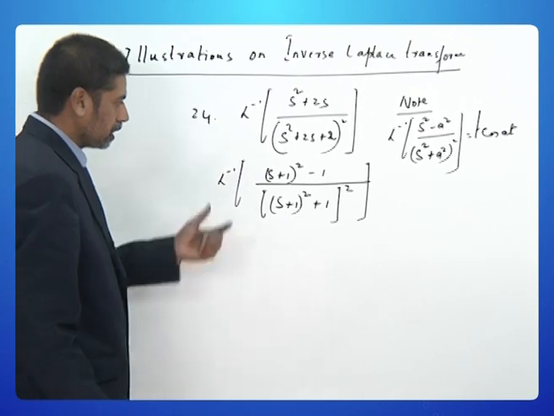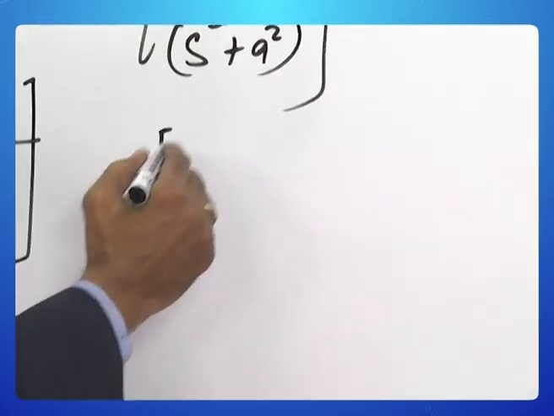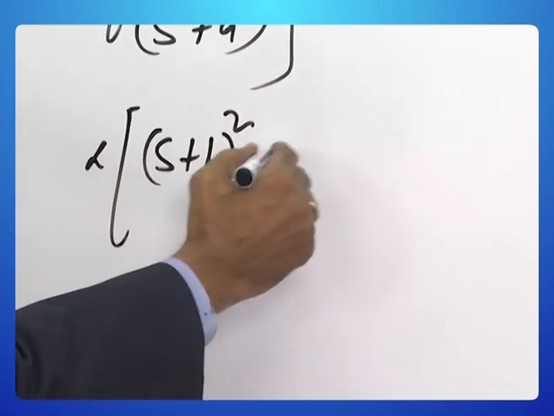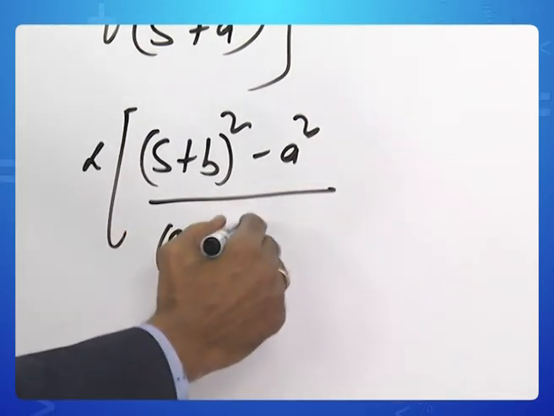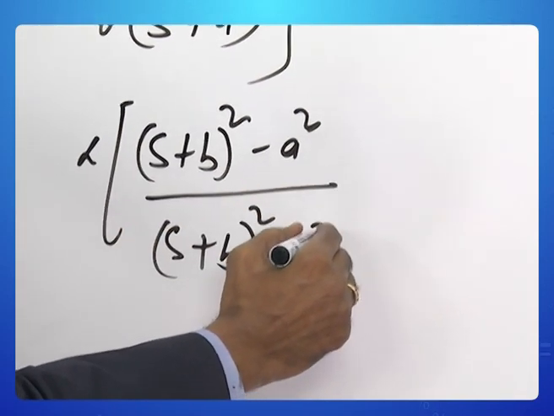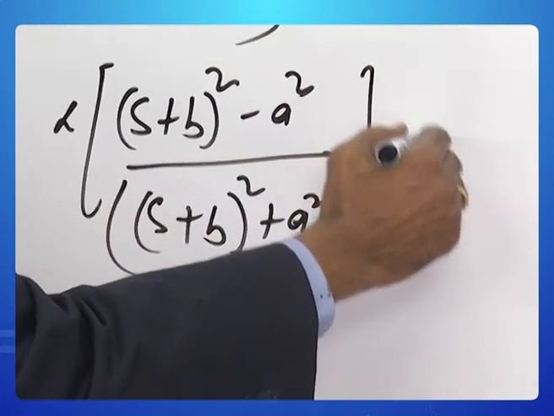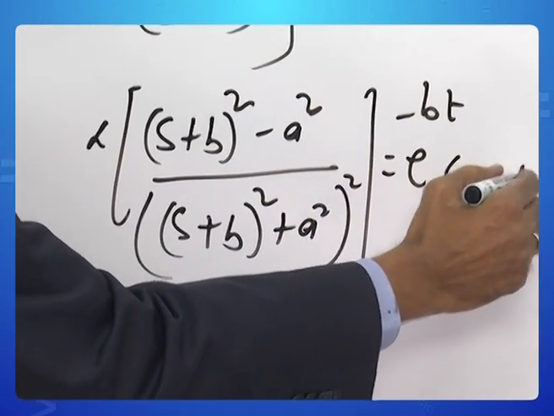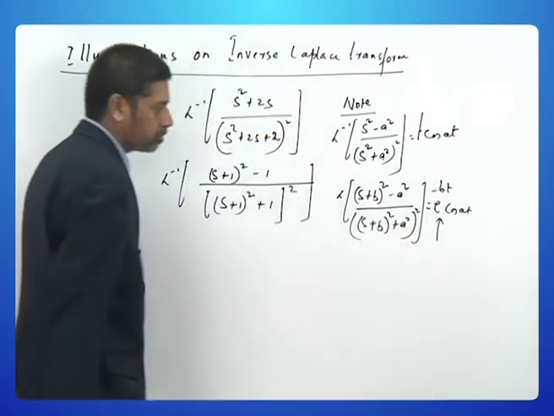Now in this case, Laplace transform of s plus b whole squared minus a squared by s plus b whole squared plus a squared whole square in the denominator should correspond to e power minus bt cos at. So this is where the shifting theorem is involved.